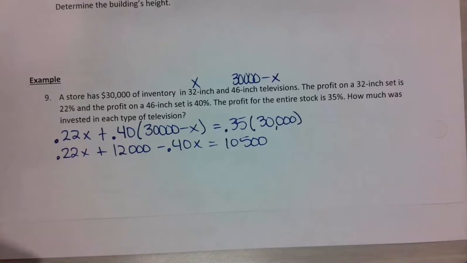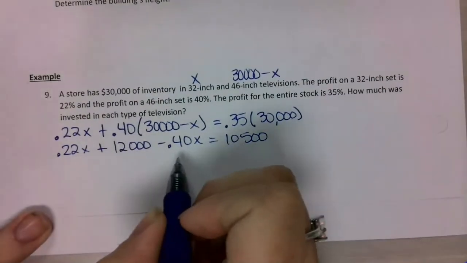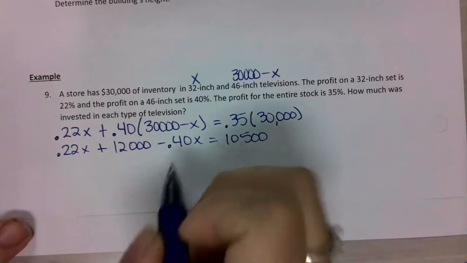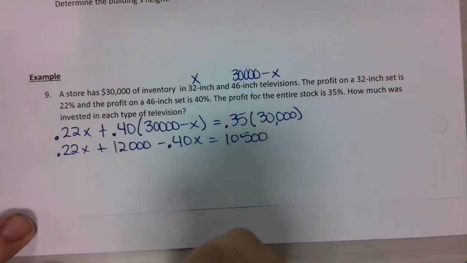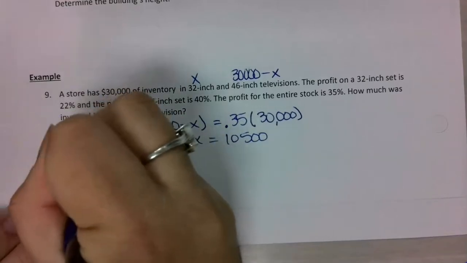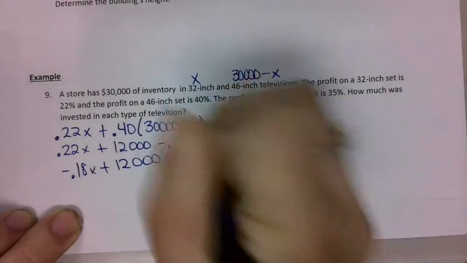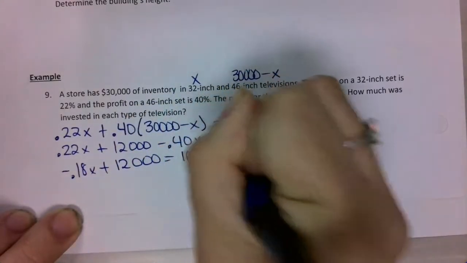And then I want to combine like terms on my left side. So I have 0.22x minus 0.40x. No, one's positive, one's negative. Negative 0.18x. And it still equals the 10,500.